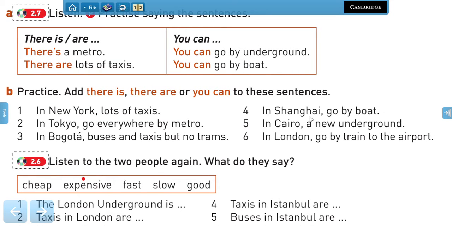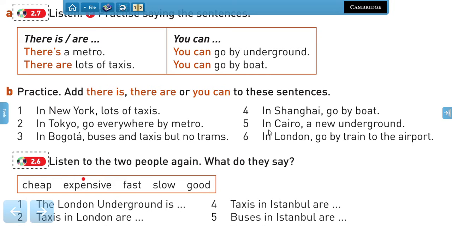In Shanghai, you can go by boat. In Cairo, there is a new underground. In London, you can go by train to the airport.